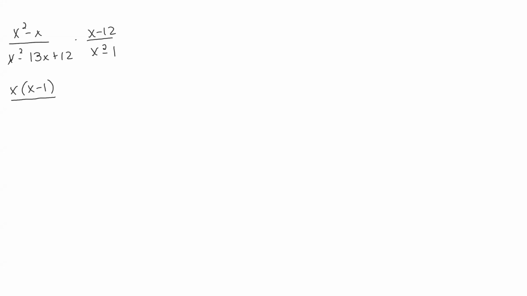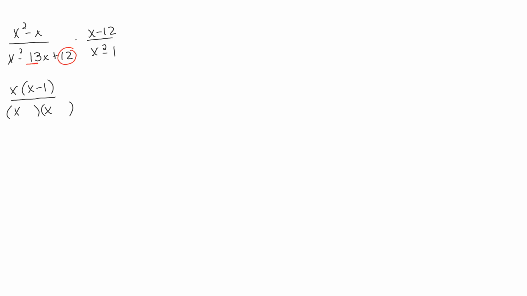Now, in the denominator, I have a quadratic trinomial, and luckily in this quadratic trinomial, the coefficient on the squared term is 1. It's always easier when the coefficient on the squared term is 1 because you can do the shortcut factoring, where you start two binomials with whatever your variable is, and then I look for factors of the constant that add up to the coefficient of the linear term.